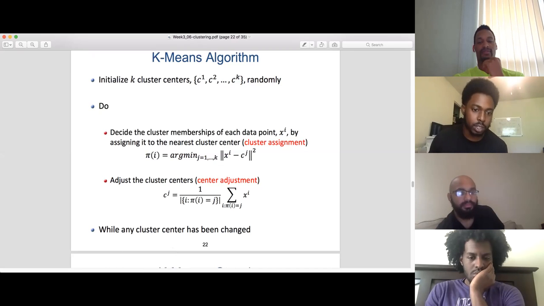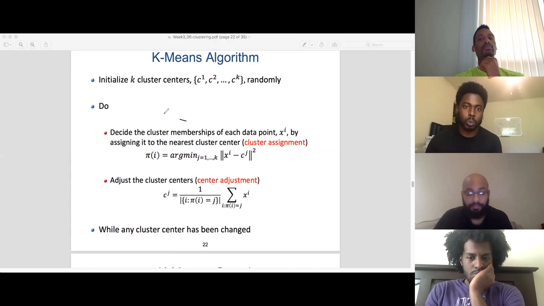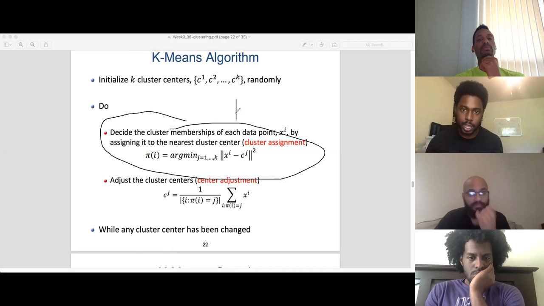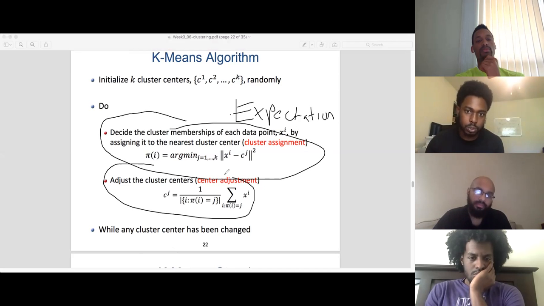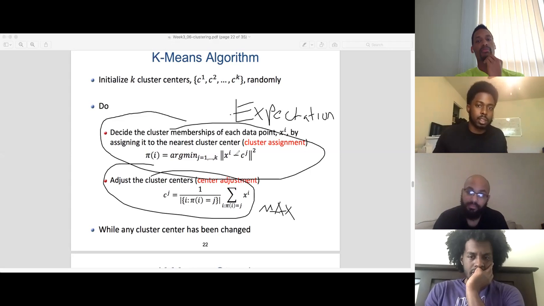I think what's important to note here is that these are a little more generalizable. One way to look at this is to describe step 1 as finding the expectation, and then step 2 is the maximization. So I'm just going to write max because it's really hard to write on this. In the reading, I think it breaks it down a little more mathematically.